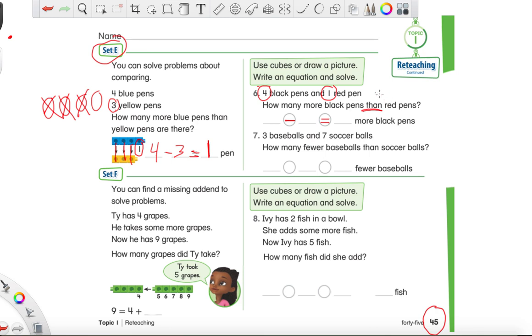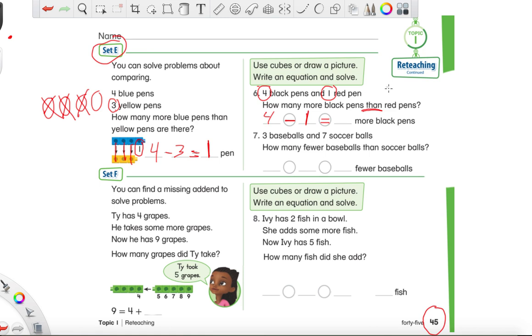Alright, so let's go through this together so you guys know how to solve it. Remember, we're just treating this like any other subtraction problem. What's our big number? It's 4. So let's put 4 first. Okay, the biggest number goes first when we subtract. What's our small number? It's 1. 1 goes second. Now, if we don't know how to subtract, that's okay. We can always make a quick picture.